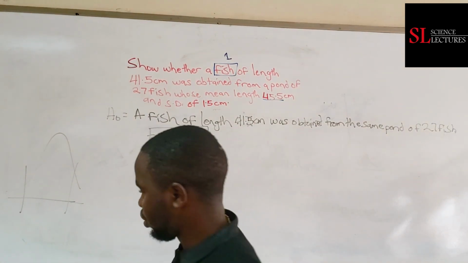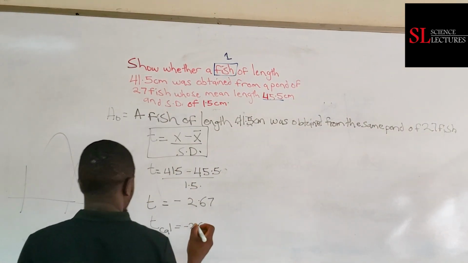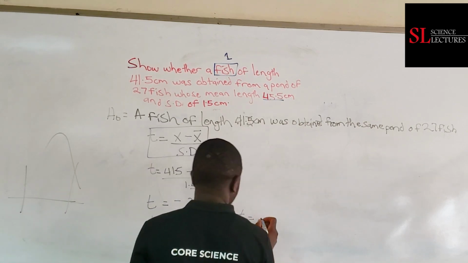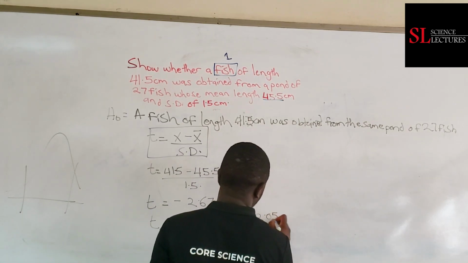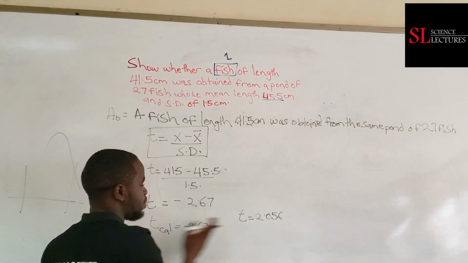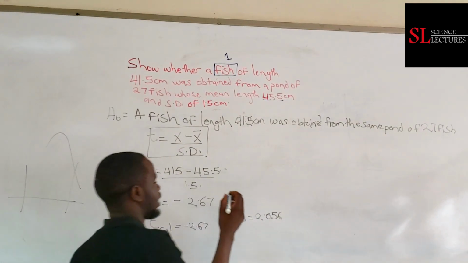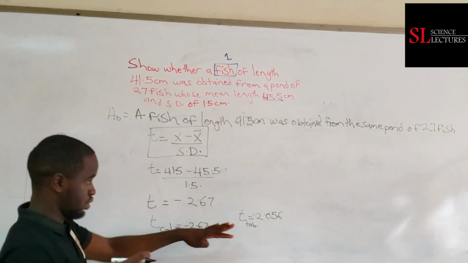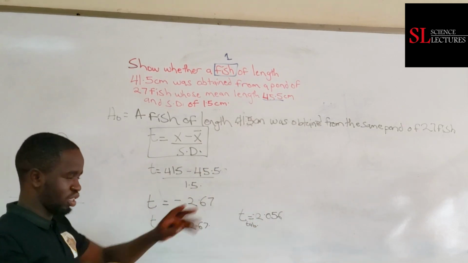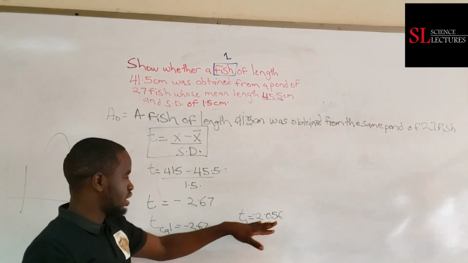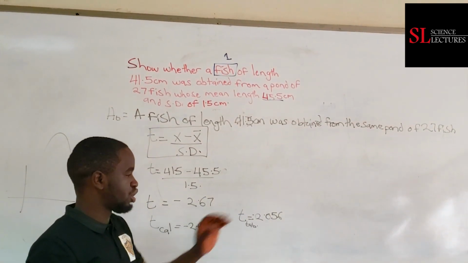My critical value is 2.056. However, we say this is a two-tailed test. It can be positive or it can be negative. So the calculated value that you obtained is negative, and my t-tab is negative 2.056.